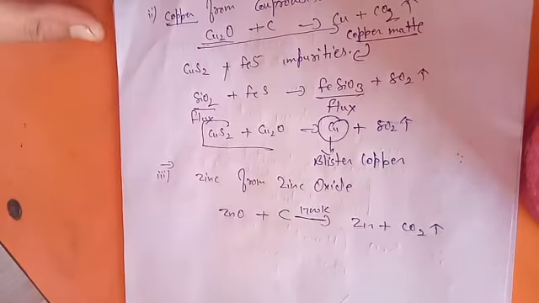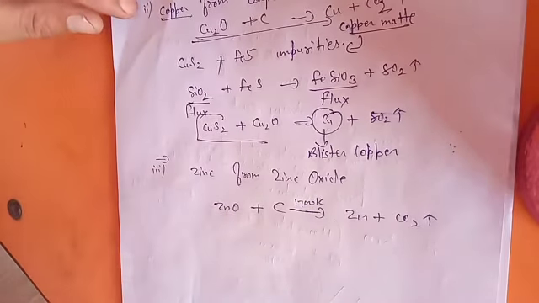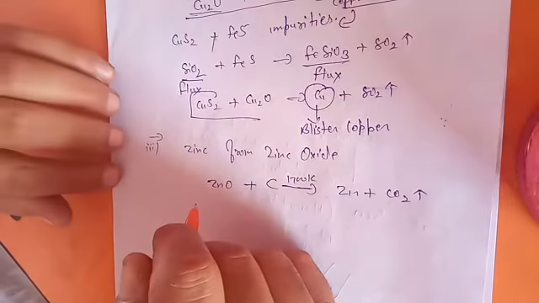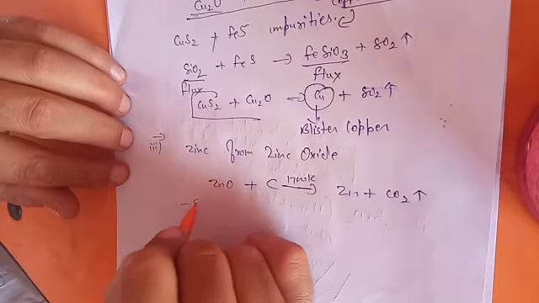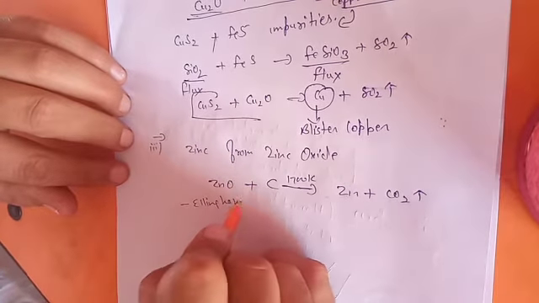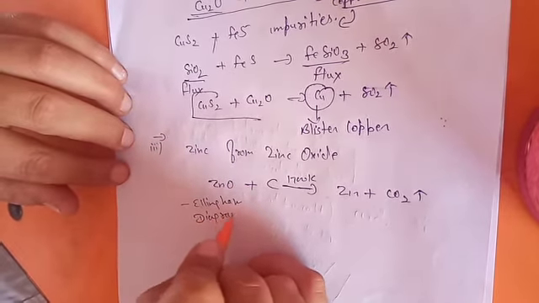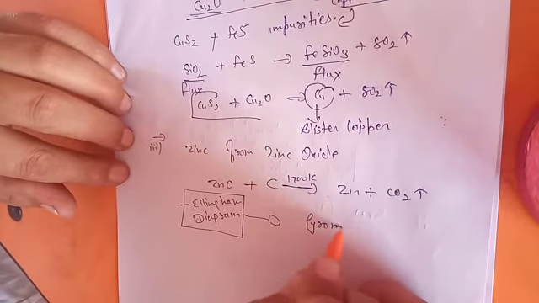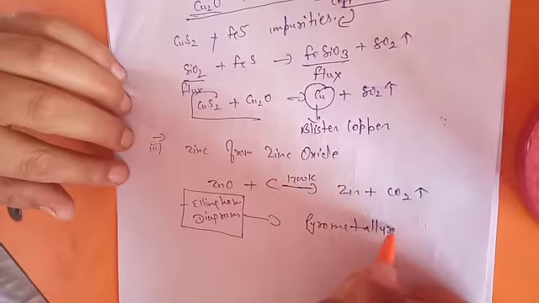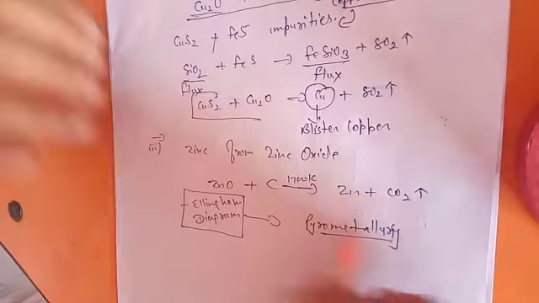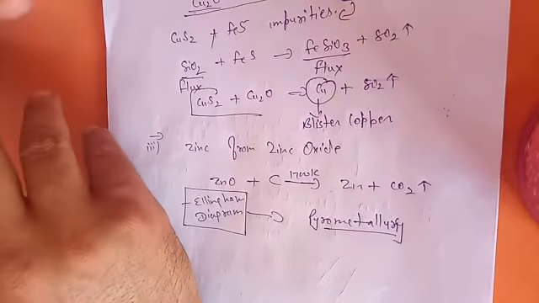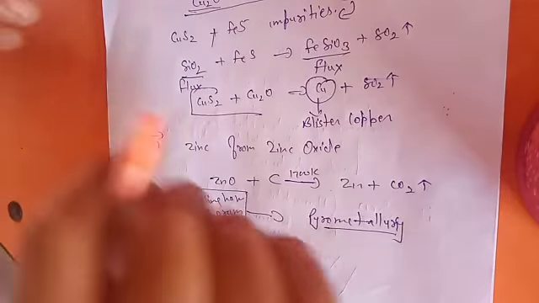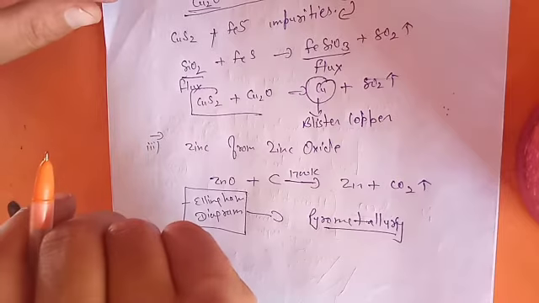In pyrometallurgy, the Ellingham diagram helps us decide which element is used to reduce the oxide. That's why we discussed the Ellingham diagram: what it actually is, what its application is and what its limitation is. That's why we have discussed this topic in a little bit of detail.